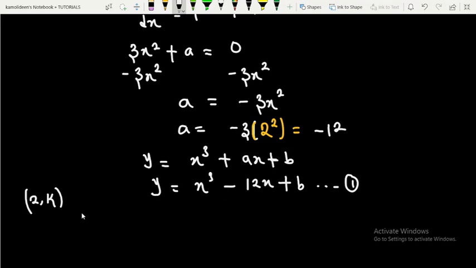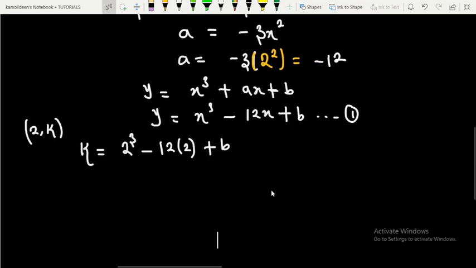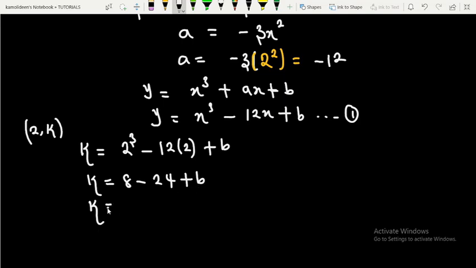So this becomes k equals x cubed, which is 2 raised to the power 3, minus 12 multiplied by 2 plus b. Now what will that give us? This is going to give us k equals 8 minus 24 plus b. So by the time we solve this, our k is going to give us b minus 16. So I'm going to call this equation 2.